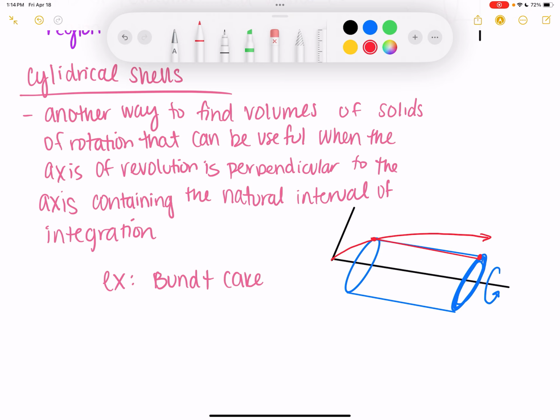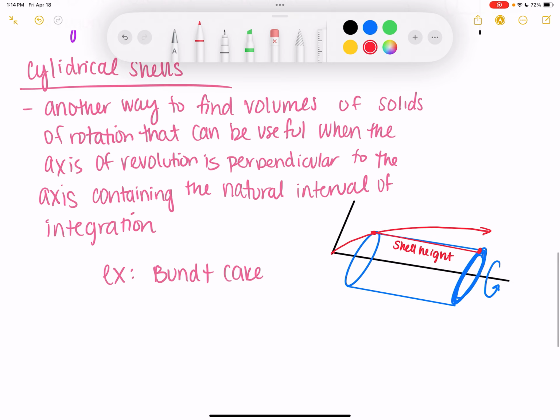Yes, the shell height. The dimension off of the x-axis here is the shell radius, which is y.